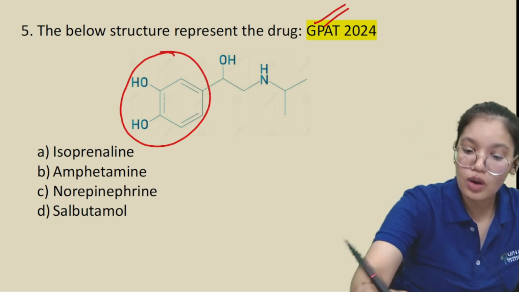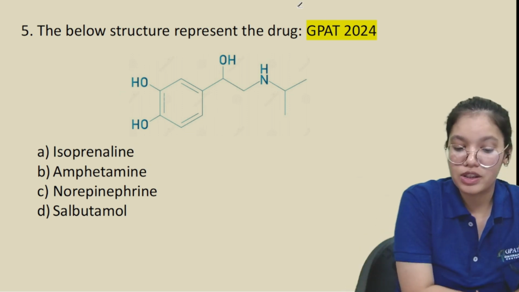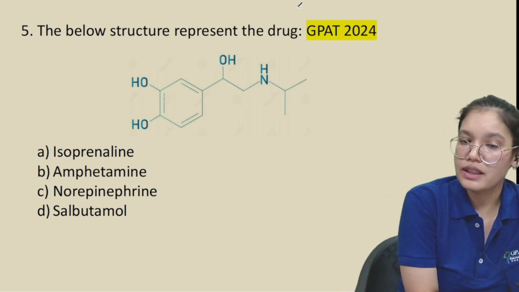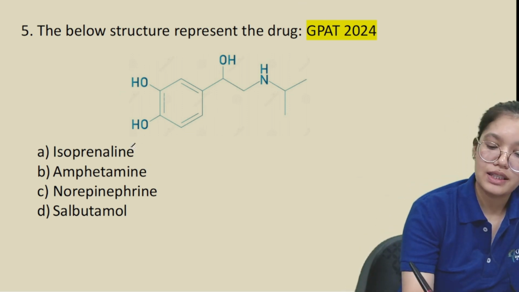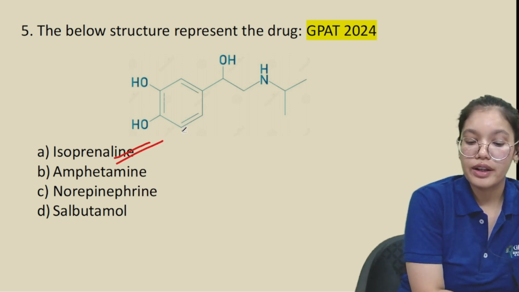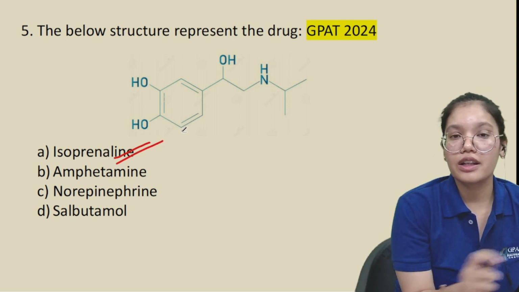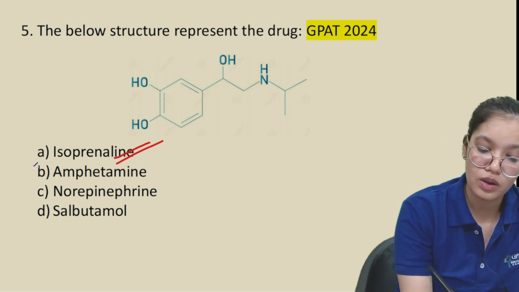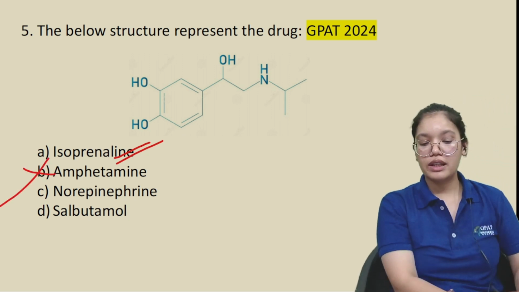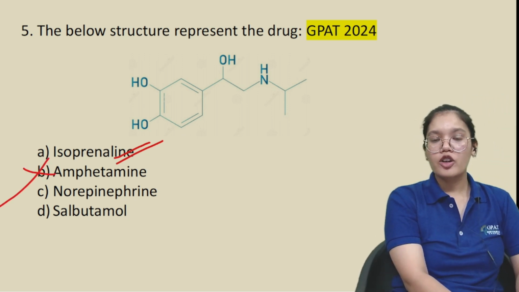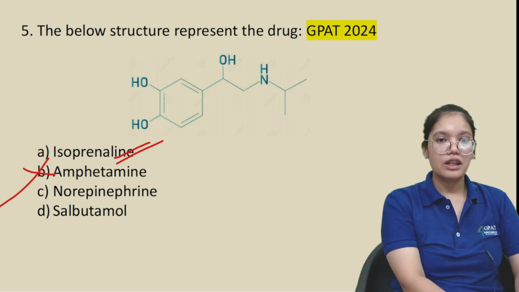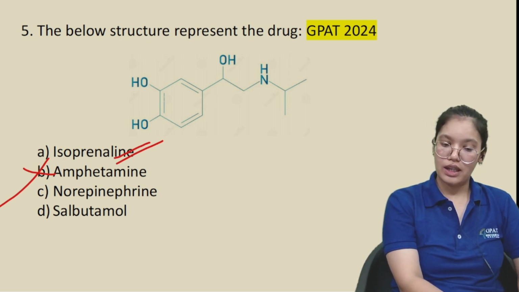So let's look at the names of the drugs. Isoprenaline, does it have a catechol ring? Yes, it does. Amphetamine, we just discussed the structure of amphetamine. It is not a catecholamine, so it can be removed from the options. Then we have norepinephrine. It is a catecholamine, so it can be.